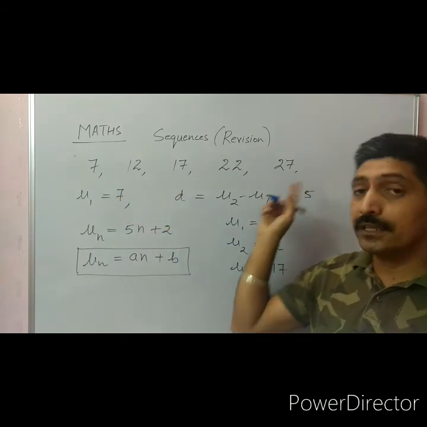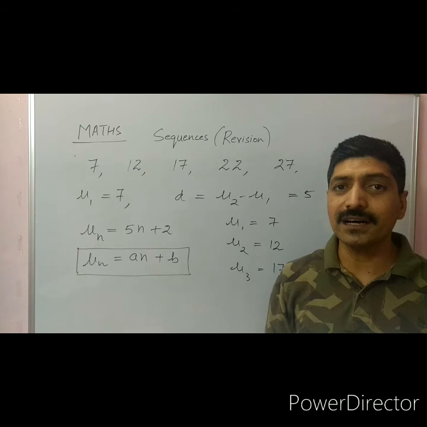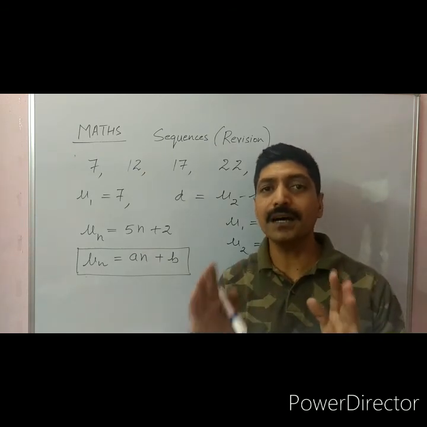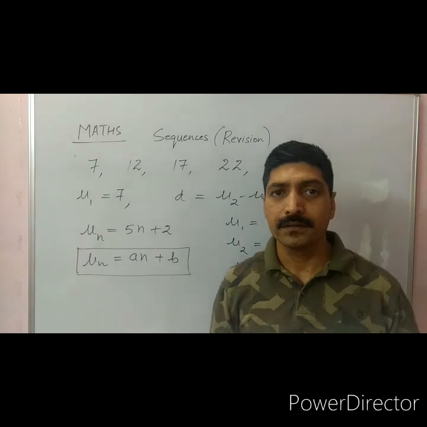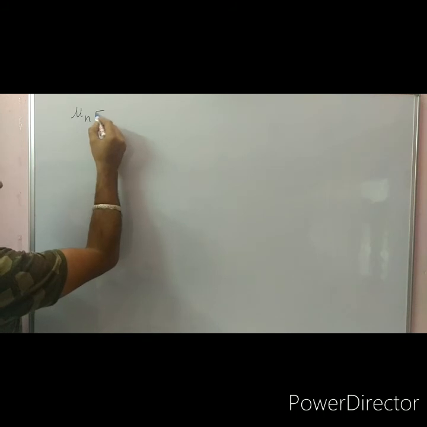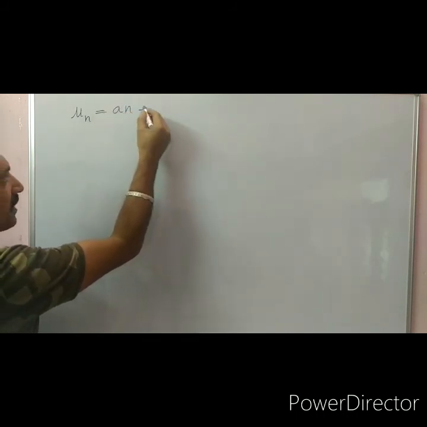The difference of two successive terms, the common difference, remains the same. How do we find the values of the constants a and b? If we have a general term of an AP, un is equal to an plus b.